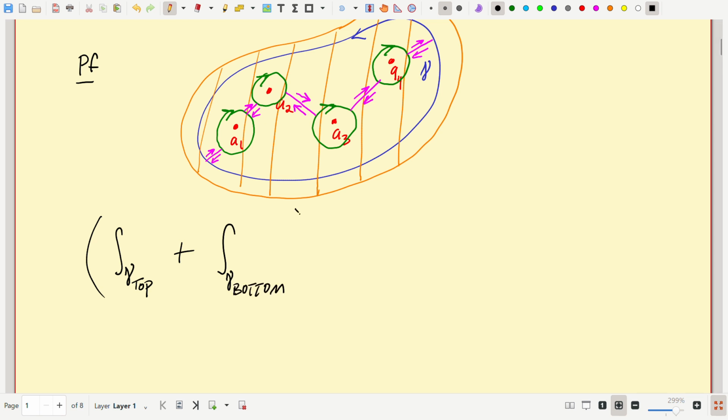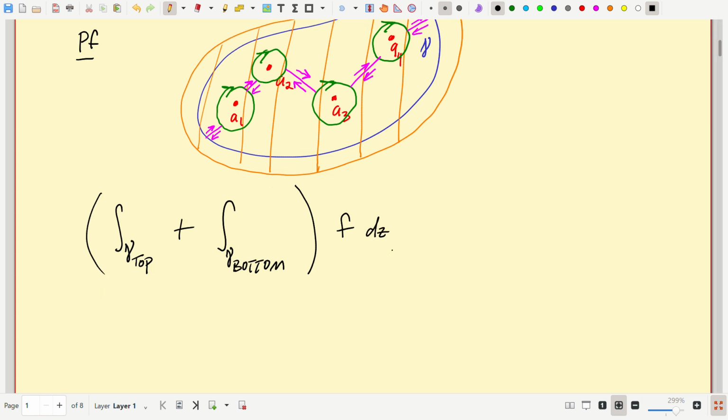Those are both counterclockwise simple closed curves. And f is analytic inside and on those, because we punched out the places where f was singular. So these are both zero by Cauchy's theorem.